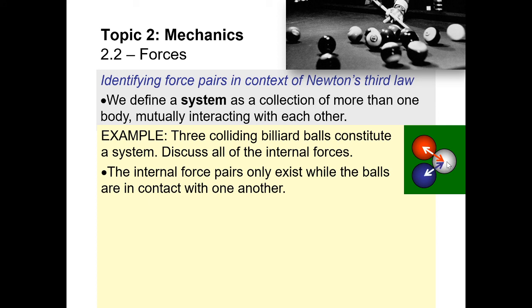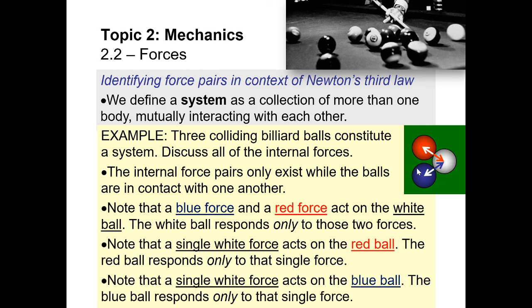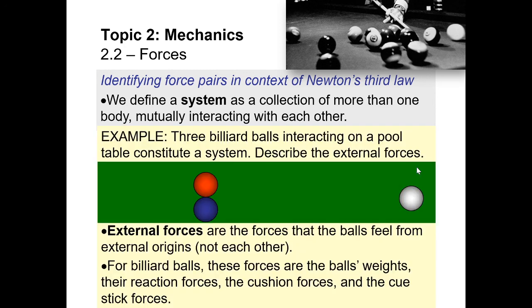The white ball also hits the blue ball and imparts a force, symbolized by the white arrow. The blue ball in turn imparts an equal magnitude, oppositely directed force back on the white ball. Okay, so these are the internal forces in the system, and they all balance.